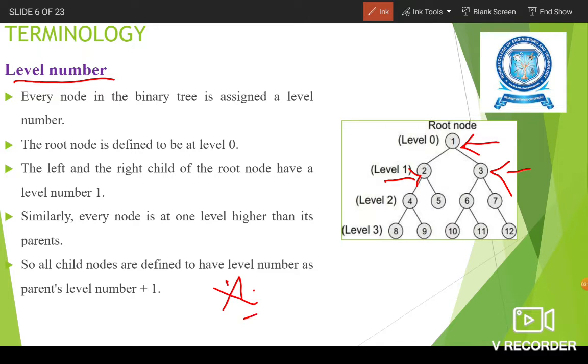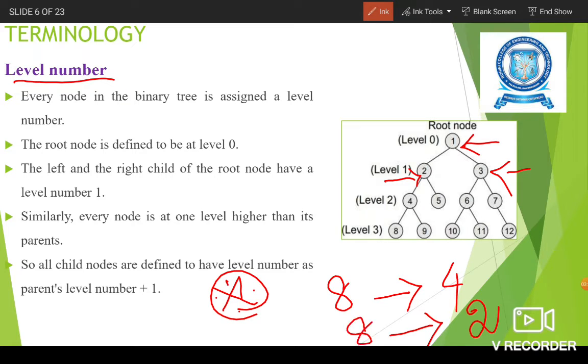So here we have to know the important thing. All the children are defined to have level number as parent's level number plus 1. For example, 8 is the child of 4. The level of 4 is 2. So always the level of 8 is 3.